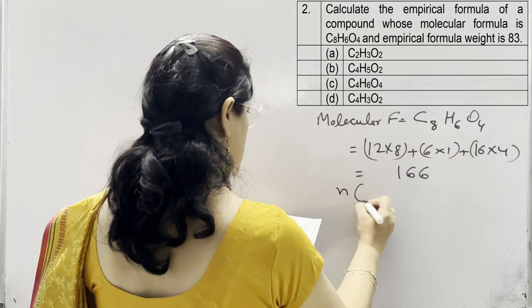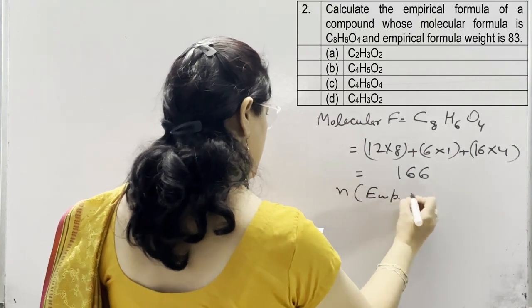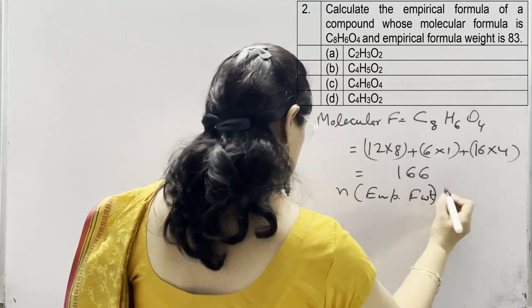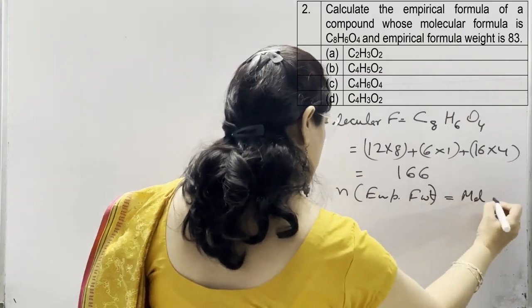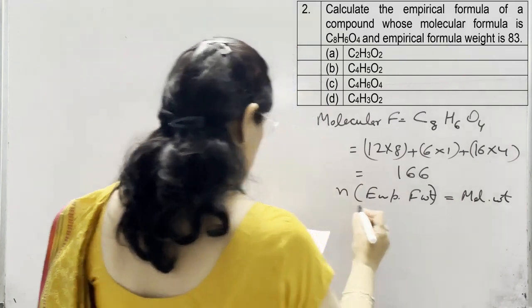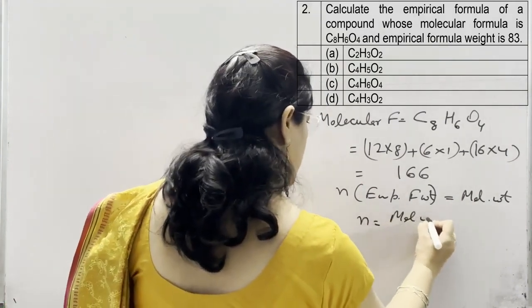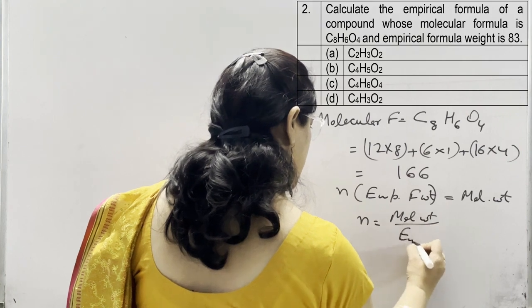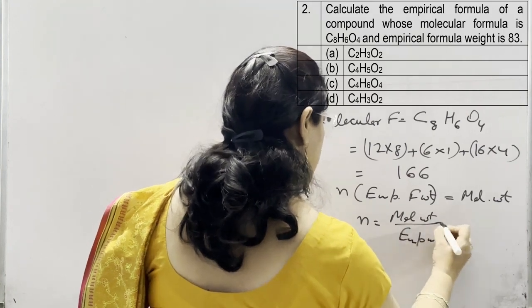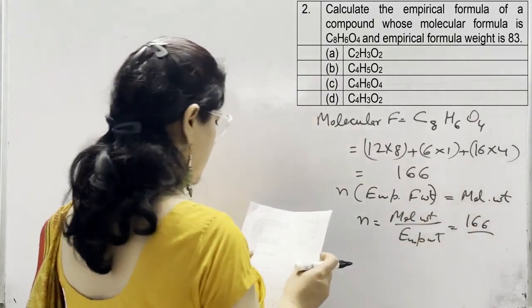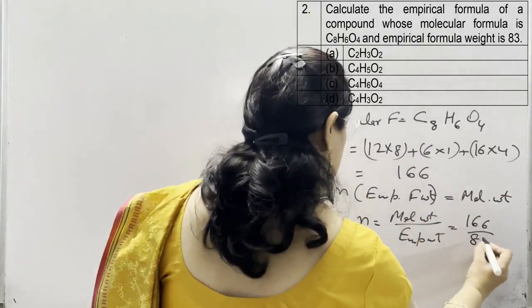So now n into empirical formula weight is equal to molecular formula weight. So n is equal to molecular formula weight divided by empirical formula weight. The molecular weight we have calculated is 166, and the given empirical formula weight in the numerical is 83.